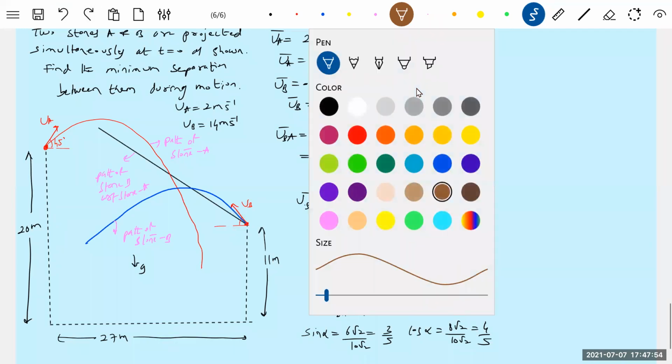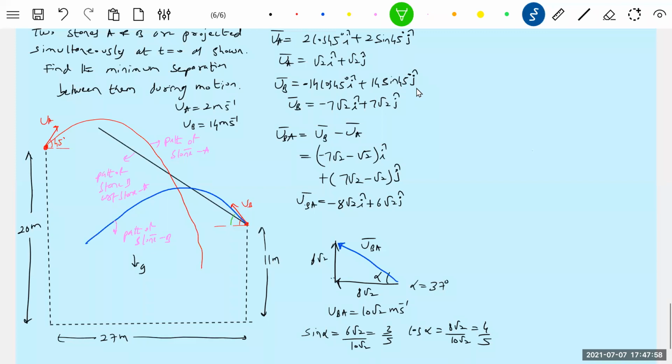Thick line. I'll use this one only. Okay, and this is the alpha, the other angle.